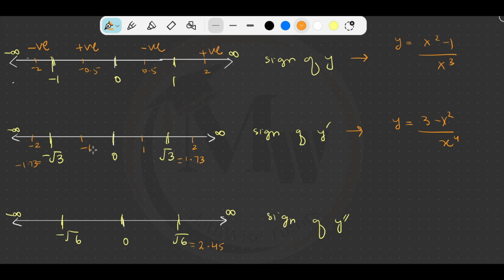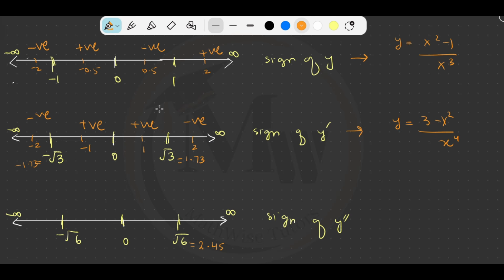After taking the point from each interval, you will notice that the sign in this interval will be negative. In this interval, whatever the value of y dash, it will be positive. The value does not matter, the sign matters. And the value here is again positive, and the value here is negative.